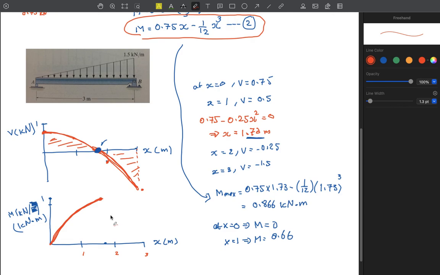And then let's just find that moment at x equals 2. Calculate for that. You'll find m of 0.833. So now it started decreasing a little bit, so probably here.